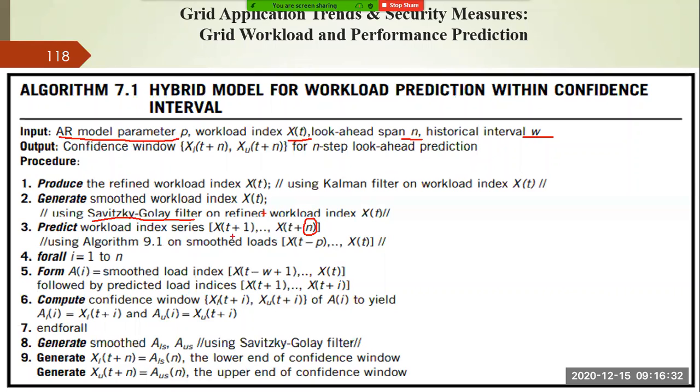Based upon that, you are predicting XT plus 1 to XT plus N. Next one, you have to iterate, right? You have to smooth the load index, that is based upon the load X of T minus W plus 1 to XT, right? Similarly, you have to compute the confidence window between these two, okay? And this process will continue, okay? So this is the algorithm followed by the hybrid model for workload prediction with confidence interval.